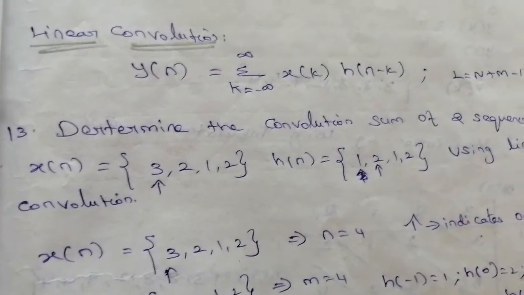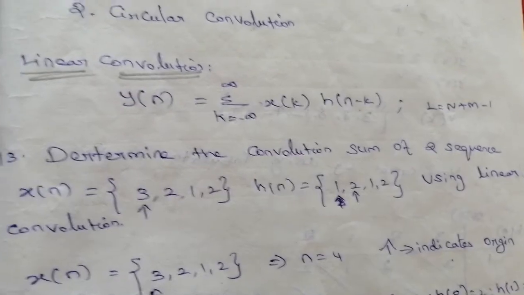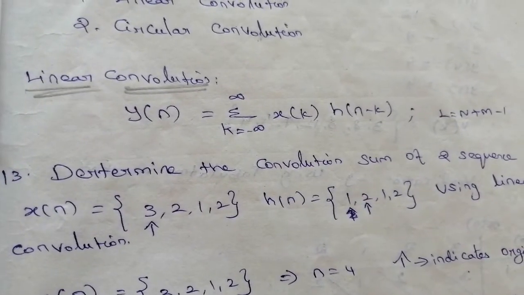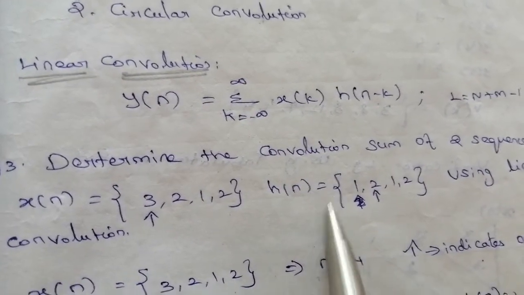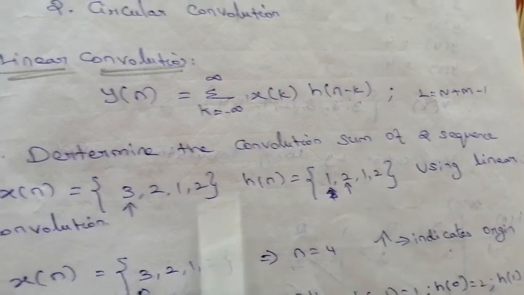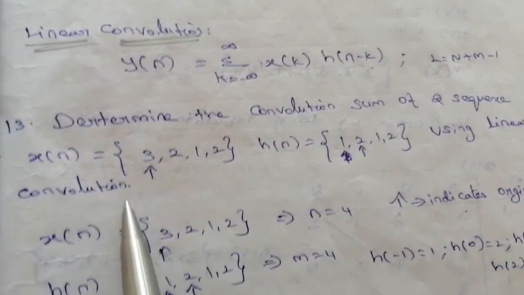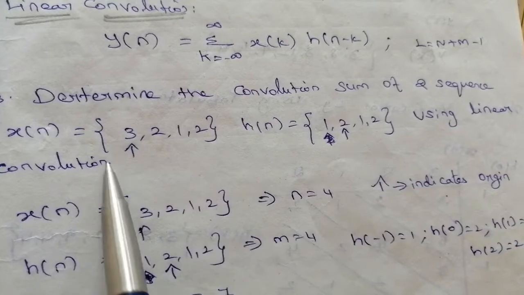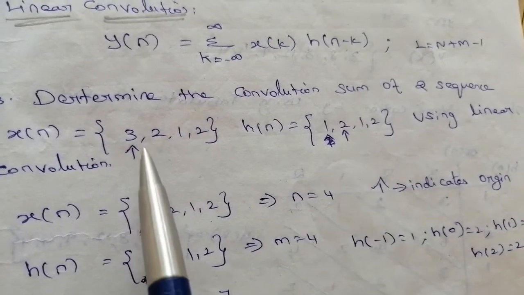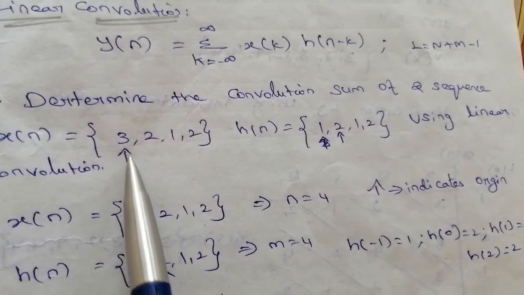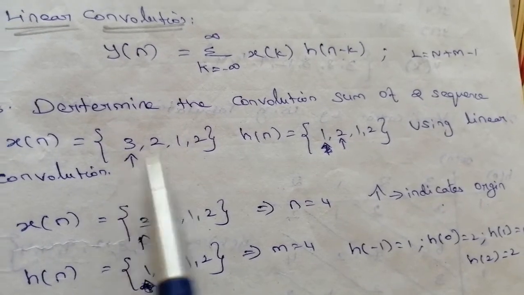Determine the convolution sum of two sequences x of n equals 3, 1, 2 and h of n equals 1, 1, 2 using linear convolution. Here we can notice the arrow marks. The arrow mark indicates the origin, that is the starting point of the sequence.